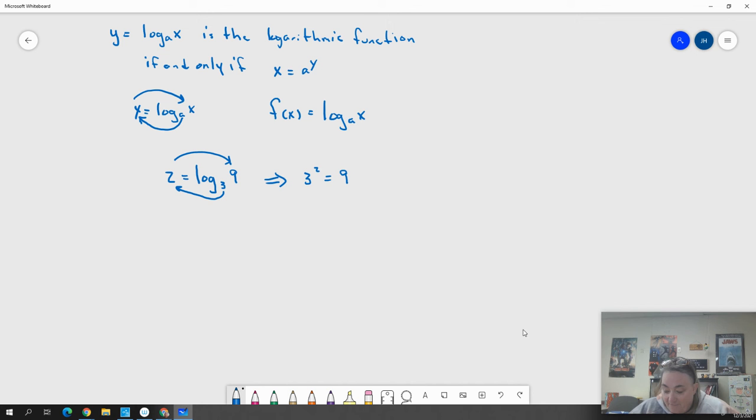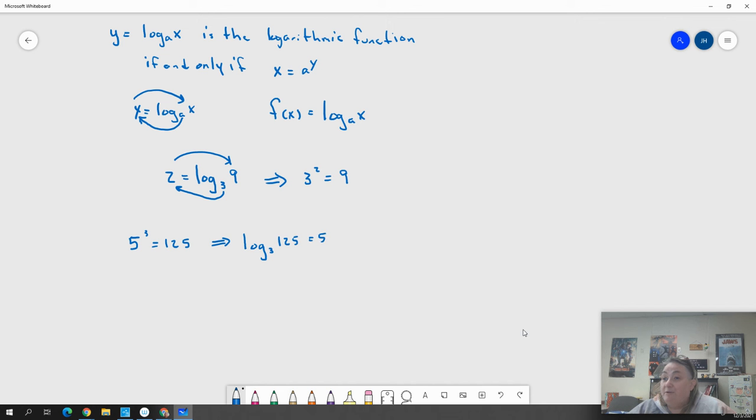So if I have, say, 5 to the third power equals 125, I can write that in logarithmic form as well, right? Which would be log base 3 of 125 equals 5.